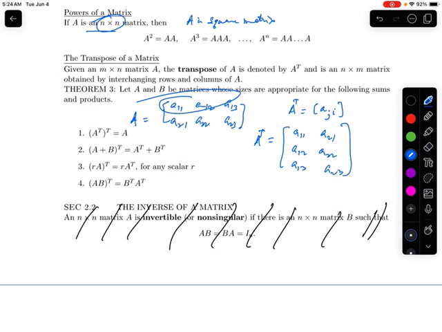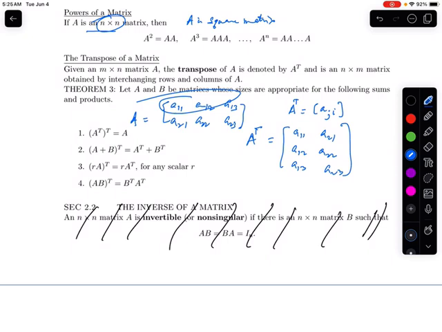Okay, and we are saying here that the transpose of a transpose matrix of A will be equal to the matrix A, which makes sense because we have a matrix A and we take a transpose so that the columns become the rows and the rows become the columns. Now if we transpose it again, it will go back to the previous position.